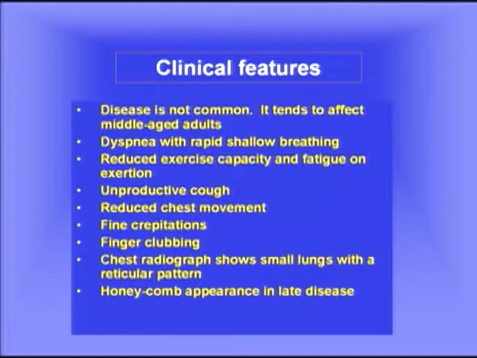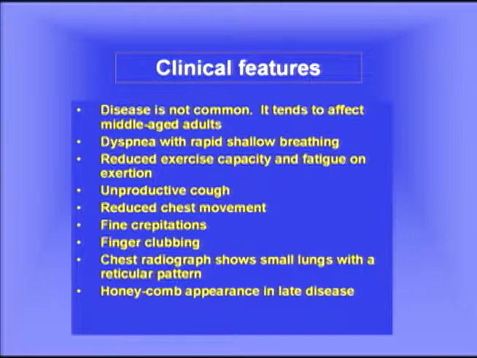Now let's review briefly some of the clinical features of this condition. It's not a particularly common disease, fortunately. Not common like, for example, COPD or asthma, which are extremely common. But diffuse interstitial pulmonary fibrosis is less common, but of course we see it all the time, but it is nothing like the prevalence of these other diseases.